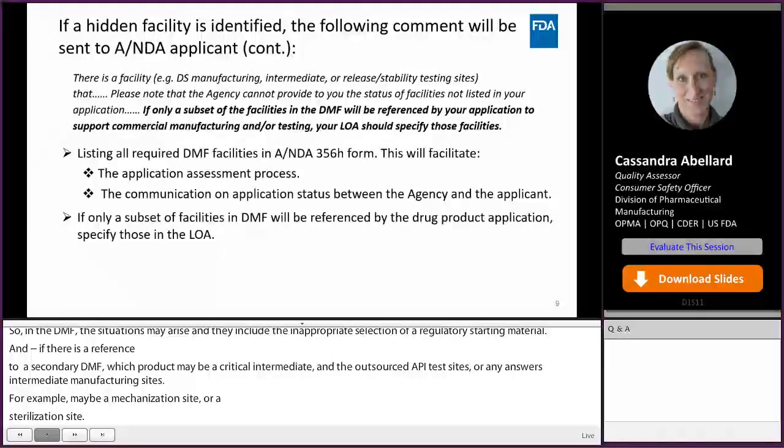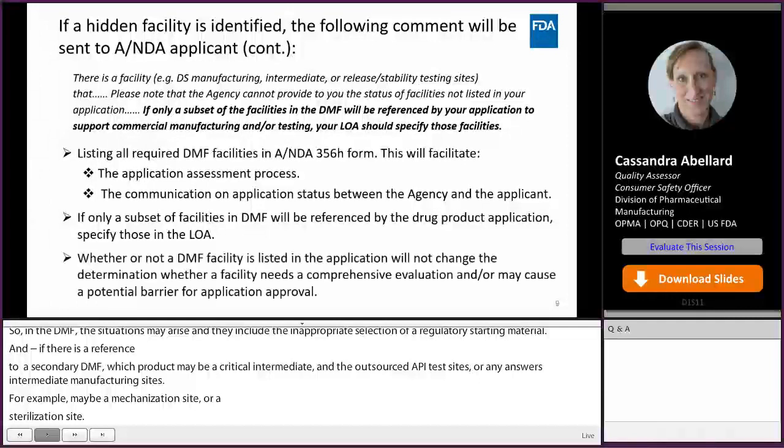Whether or not a DMF facility is listed in the application will not change the determination of whether a facility needs comprehensive evaluation, and therefore may cause potential barrier for application approval. For example, if issues are noted with a hidden facility that's not listed in the application, and the agency has determined these sites are critical and require evaluation, we will still review those facilities.